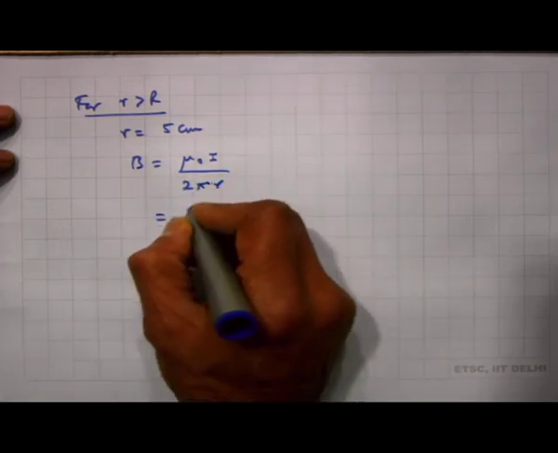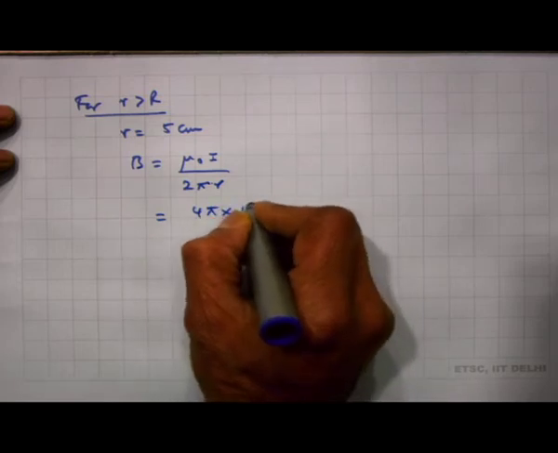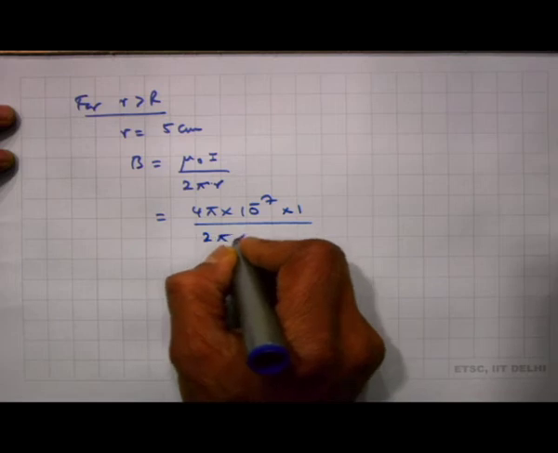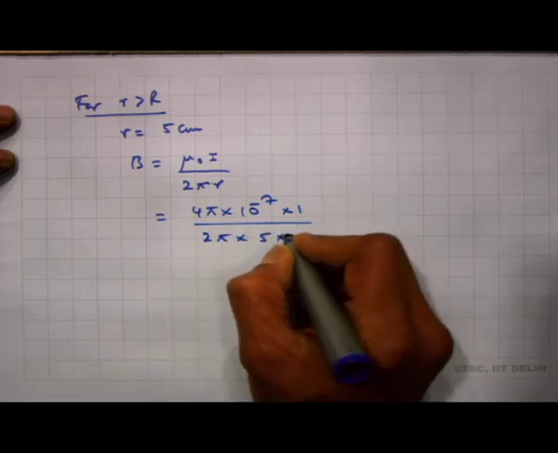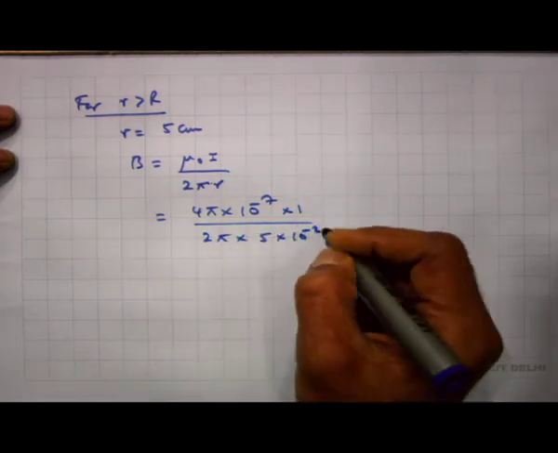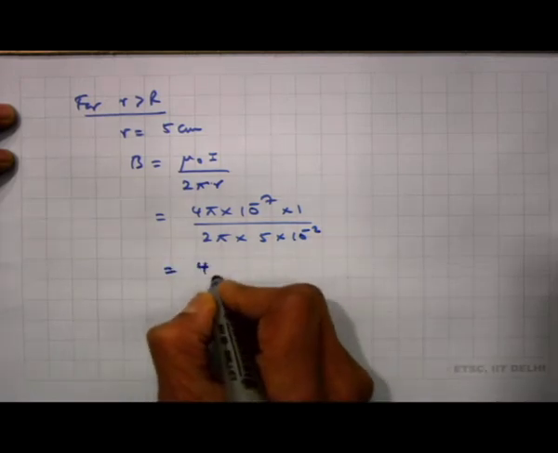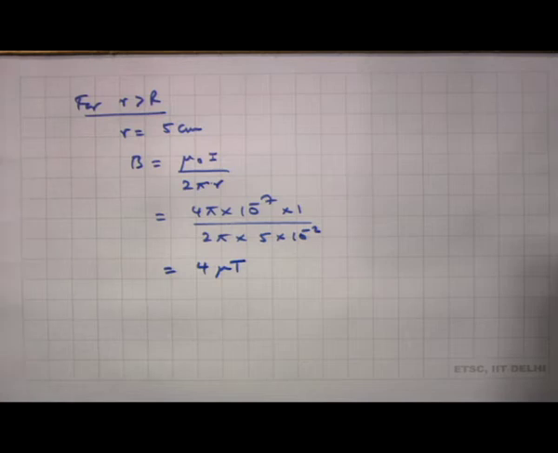So, this is equal to 4 pi 10 to the minus 7 into 1 ampere divided by 2 pi into 5 into 10 to the minus 2. That comes out to be 4 microtesla. Okay, so that's the magnetic field at a distance of 5 centimeters from the axis of the capacitor plates.